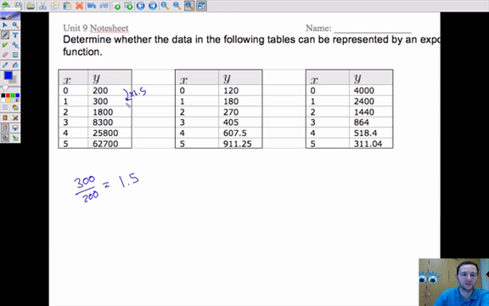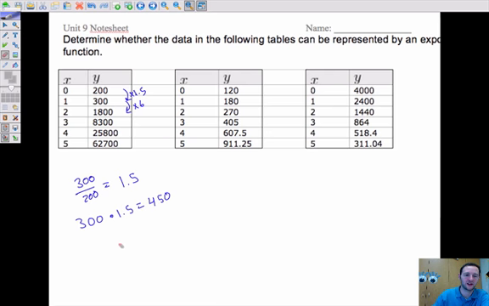Now let's see if we do 300 times 1.5. Do we get 1800? Well, that's 300 plus another 150. That's 450, which is not 1800. So we can find the multiplier between this, but it's times 6.